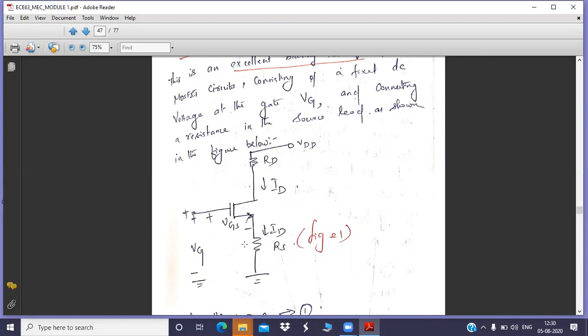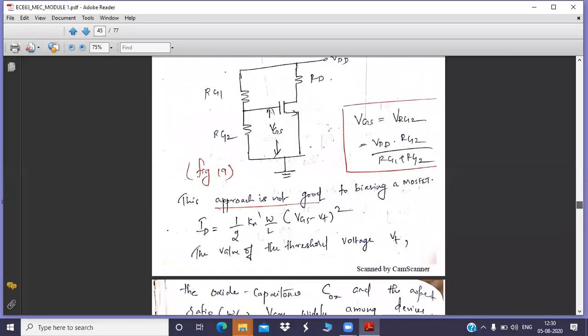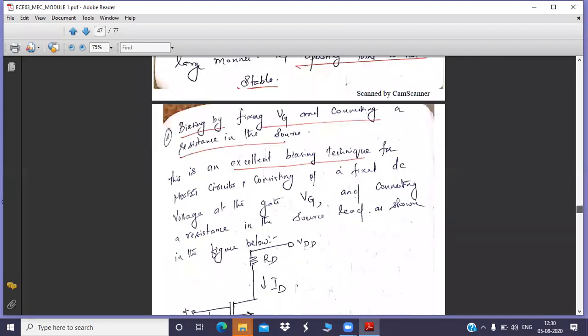I have removed that combination of RG1 and RG2, so the circuit is quite simple. What you can see in the previous figure is RG1 and RG2. I have removed these two and put a resistance RS here. That is the only change I'm making in the second circuit.